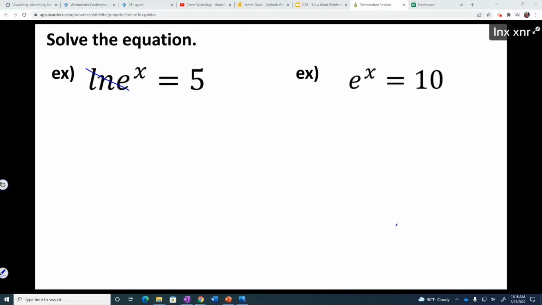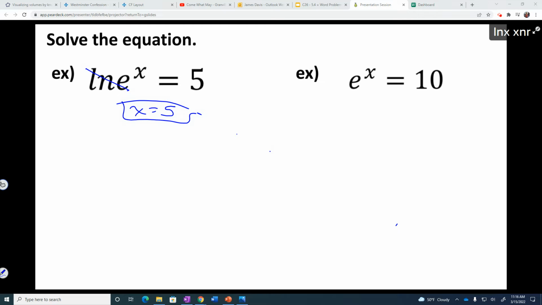These are going to just cancel. Natural log of e, those are inverses, so it's just x equals 5. Yeah, they cancel each other out. Ln's and e's are opposites.